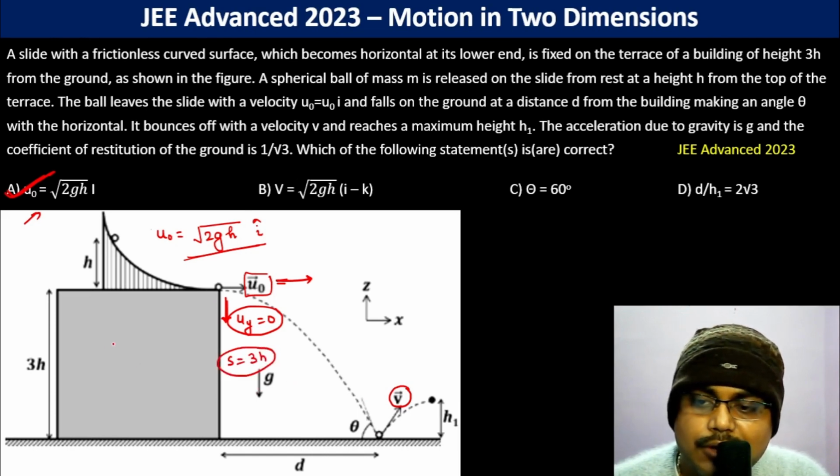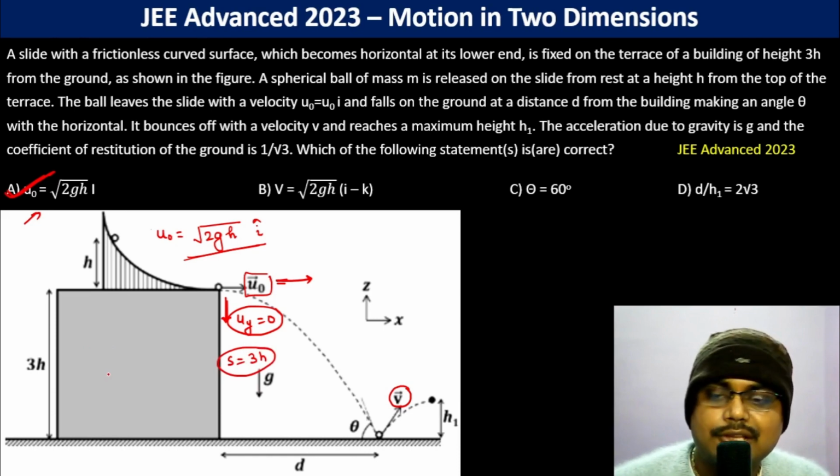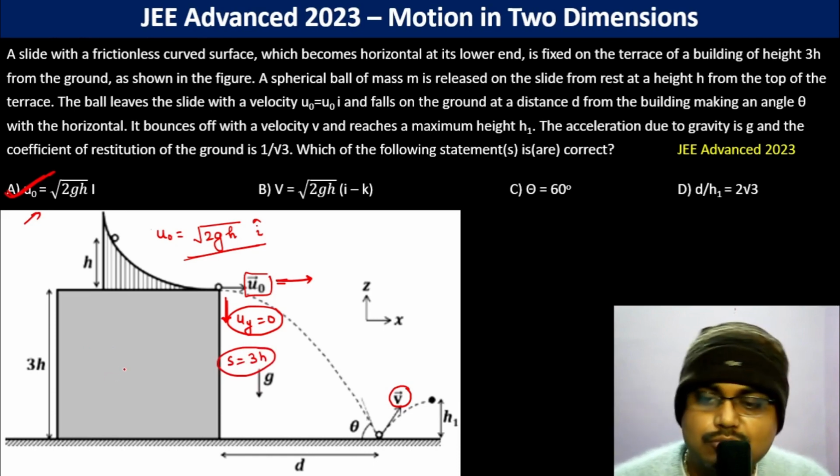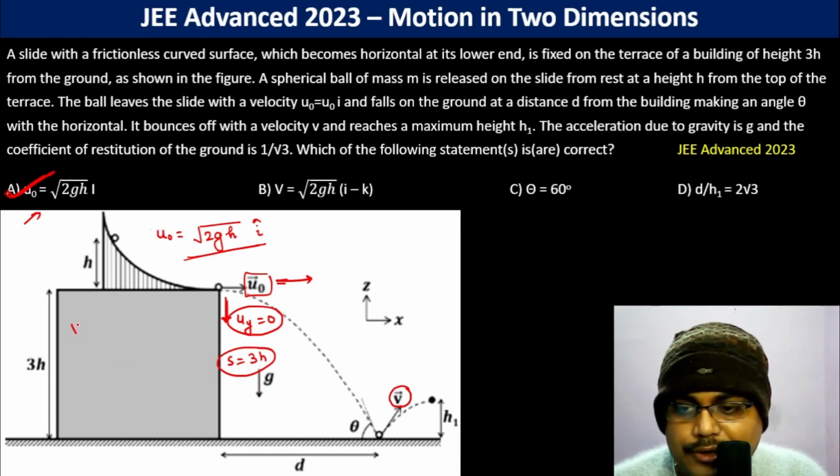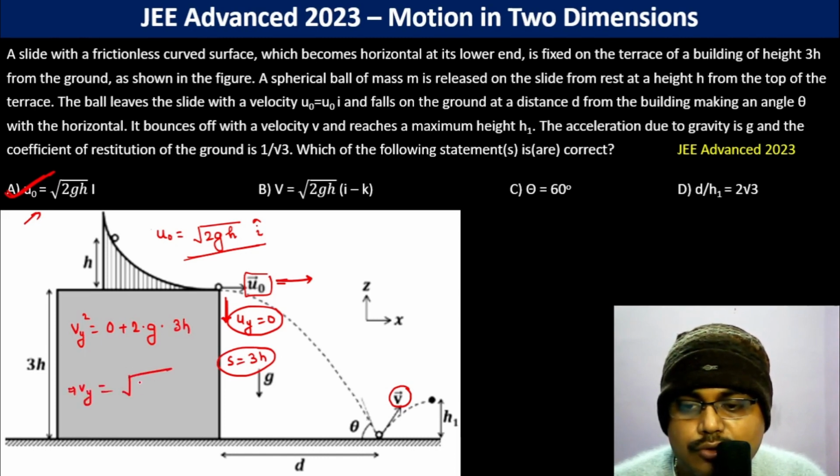We can apply the equation v square equals u square plus 2gs. So the final velocity in y direction, with initial velocity 0, is 2 into g into 3h, so the final velocity becomes root over 6gh.